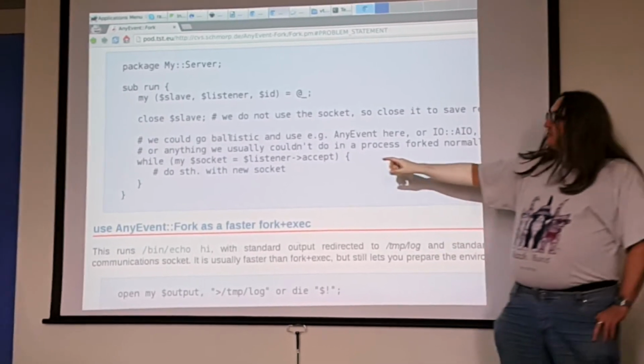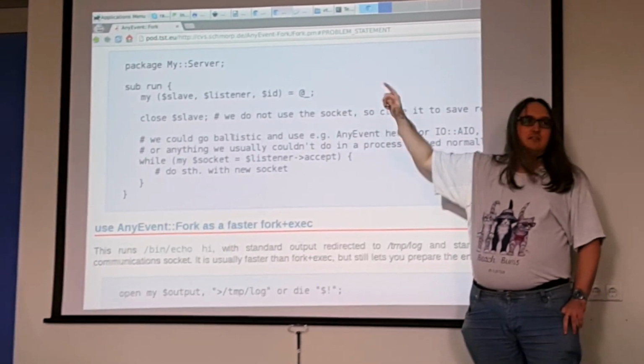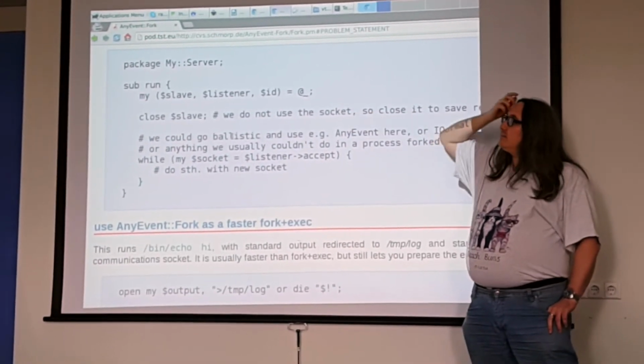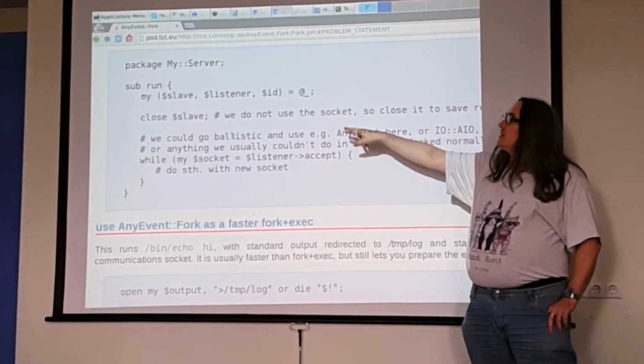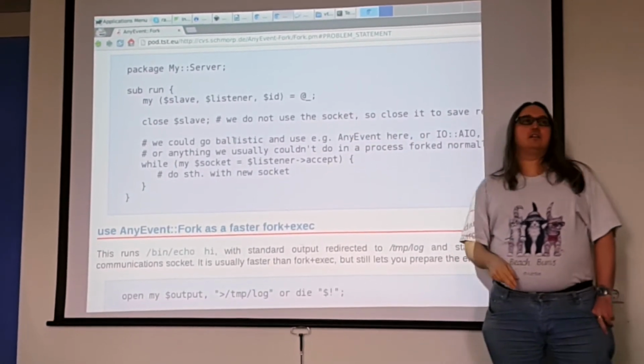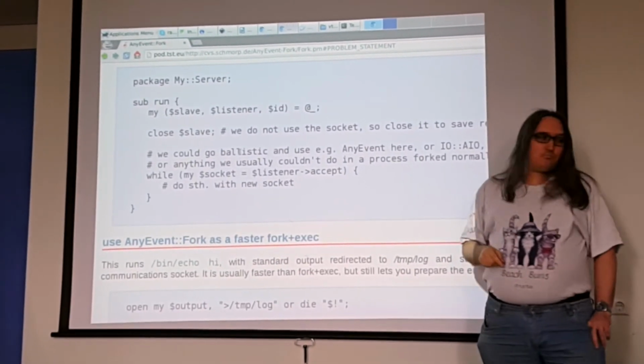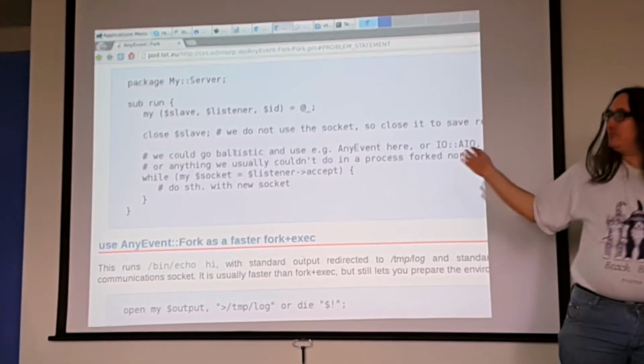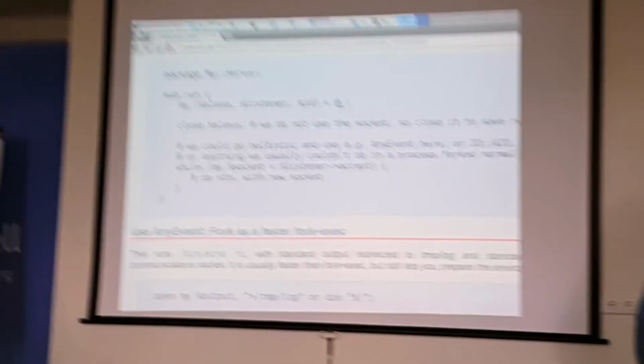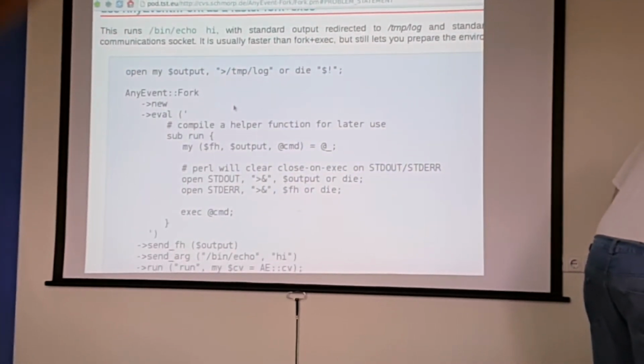So the worker function first gets the socket that it always gets, then the listener socket that we sent with send_fh, and lastly the ID that was sent as the last thing. So this is a worker pool, but you can also use it for other things.